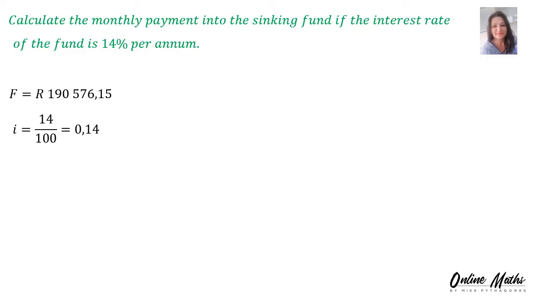Our I is the 14%, which is 14 over 100, which is equal to 0.14. Now, N is 5 years, but we have to multiply the 5 by 12 since we will be making monthly payments. Therefore, N is 5 times 12, which is 60.